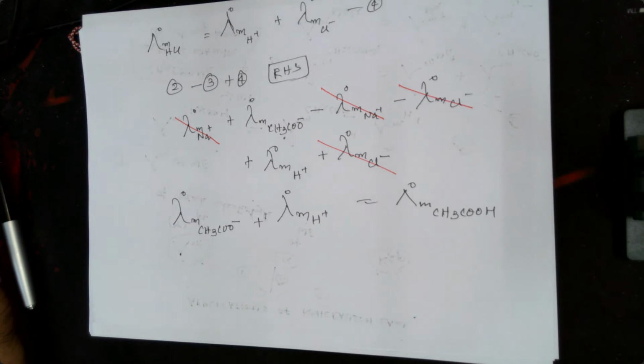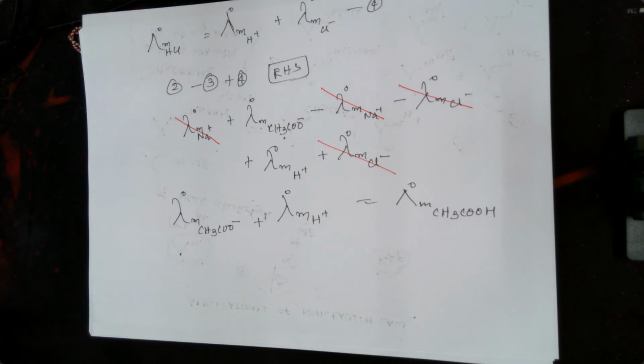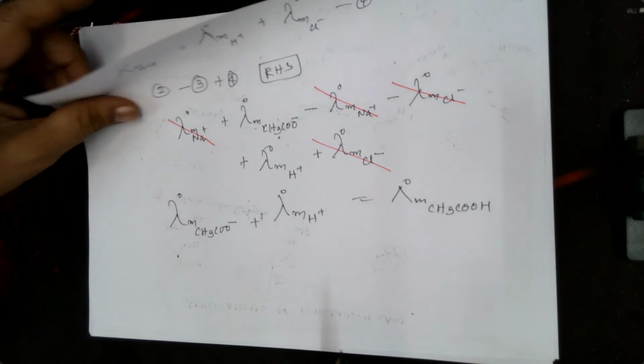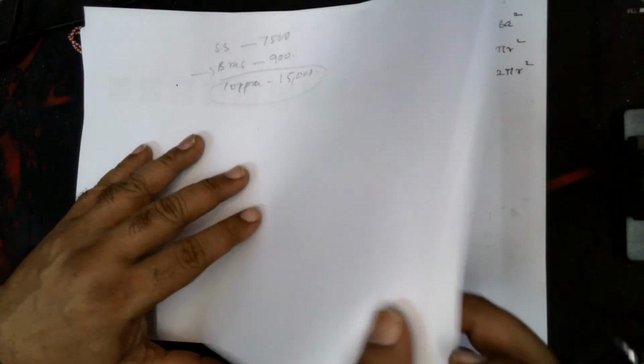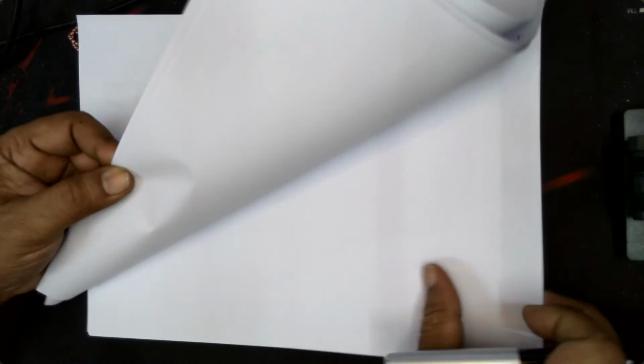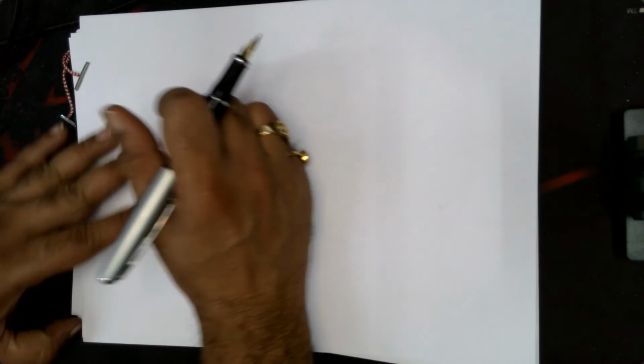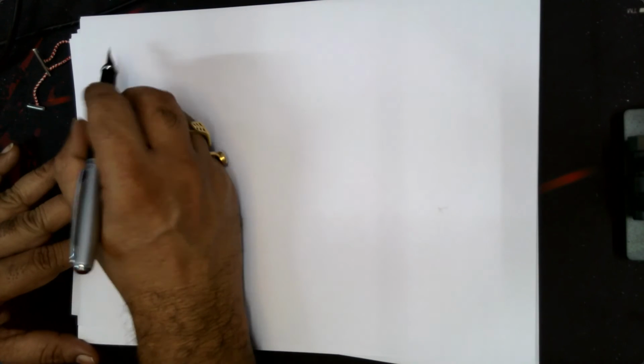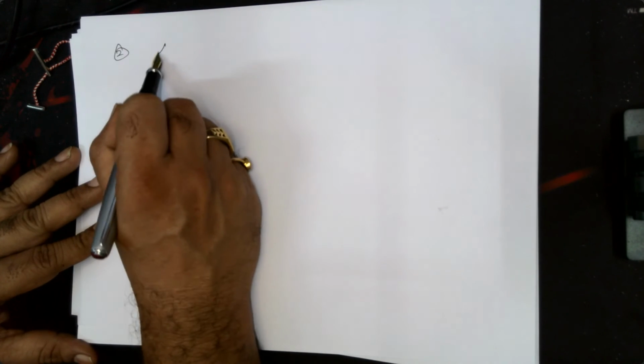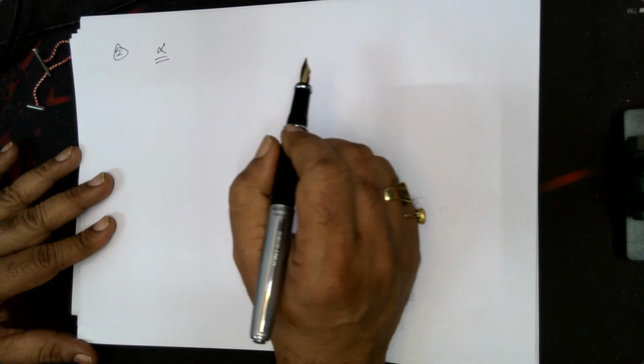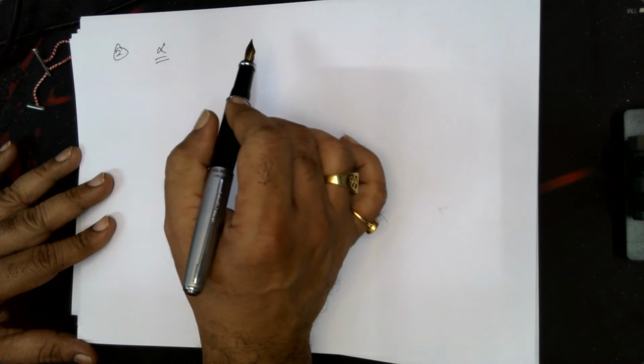Weak base. Now let me proceed with the calculation of degree of dissociation of weak electrolytes. So this is the second point. How do we find the degree of dissociation based on Kohlrausch law? Second point, we have to find alpha, which is called the degree of dissociation.